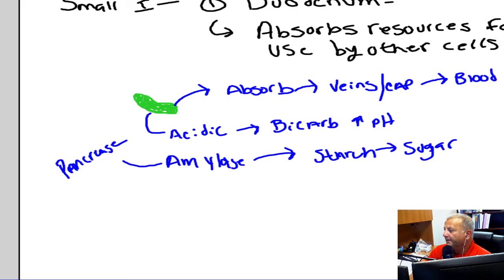And so we're going to talk about the liver next. Let me get a new paper here. All right, we got the liver. So what's the liver do? Let me catch up in my notes here, make sure I'm telling y'all right.